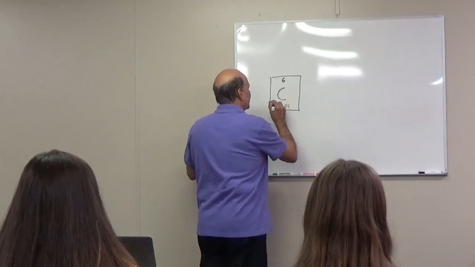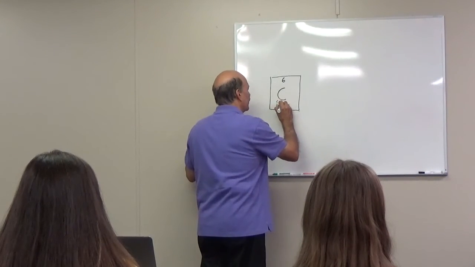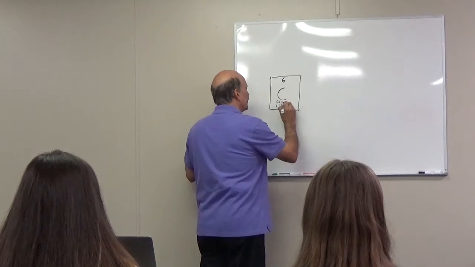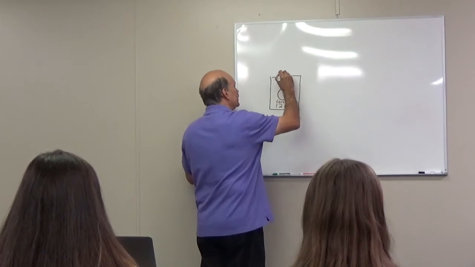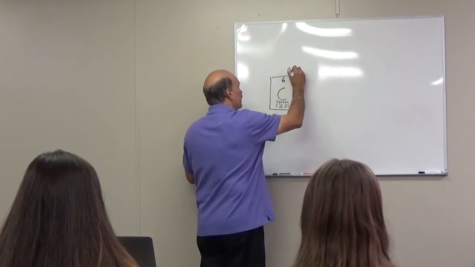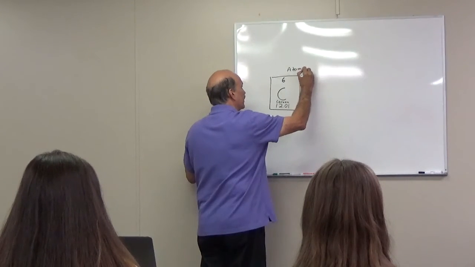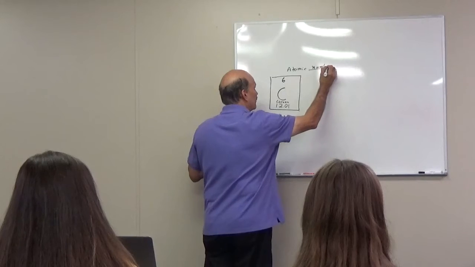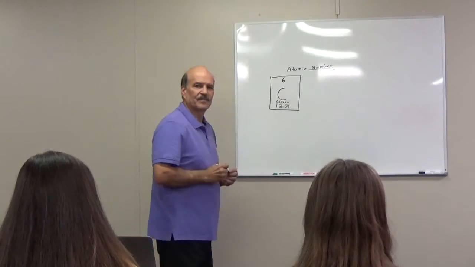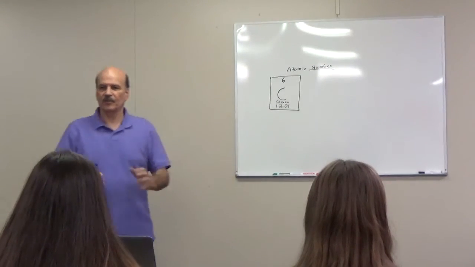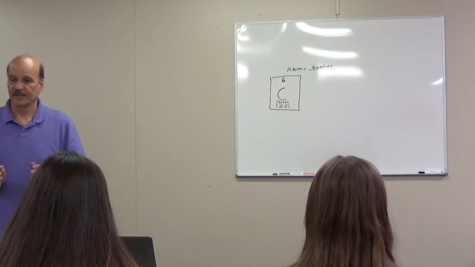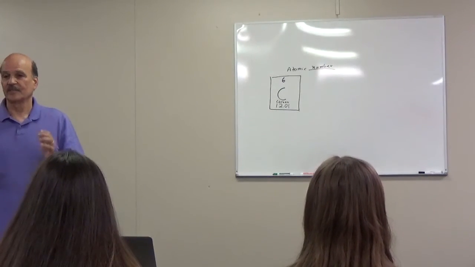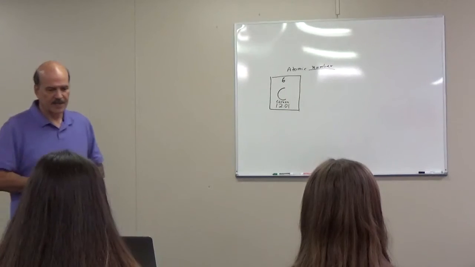Underneath it, it'll say carbon, the name of it. So that's the symbol. This is the atomic, what do you call it, guys? Atomic number, which is the number of protons and electrons. If it's carbon, it always has 6 protons in the nucleus, always. The number of neutrons can change, but it always has 6 protons.